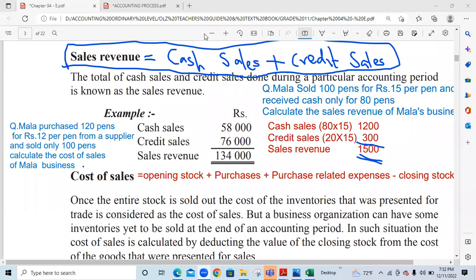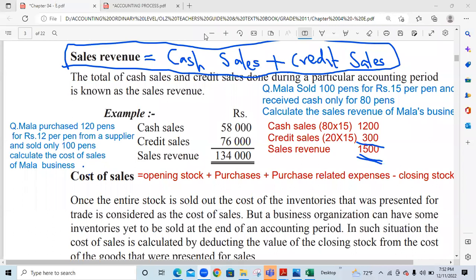But how many pens did you sell? You sold only 100 pens. What is the cost you incur for 100 pens? Now you all are sending the correct answer.